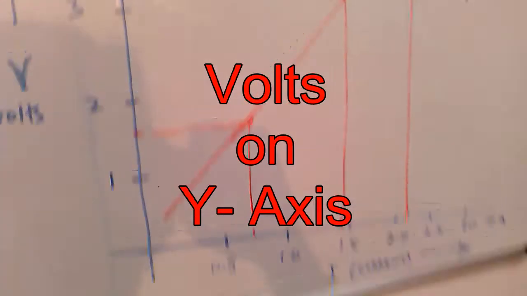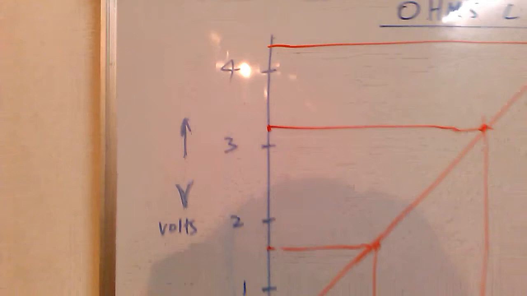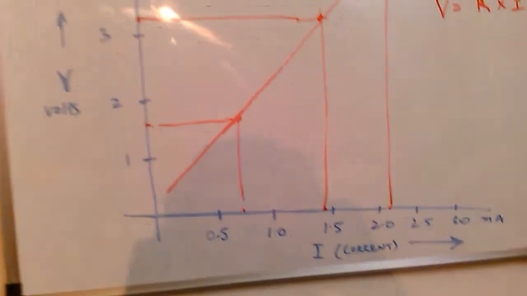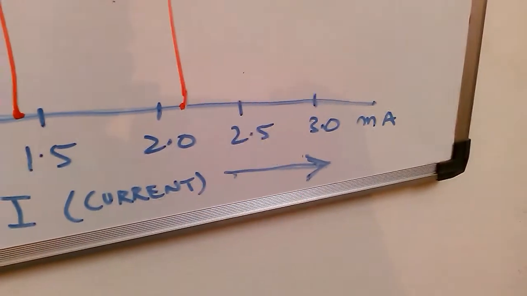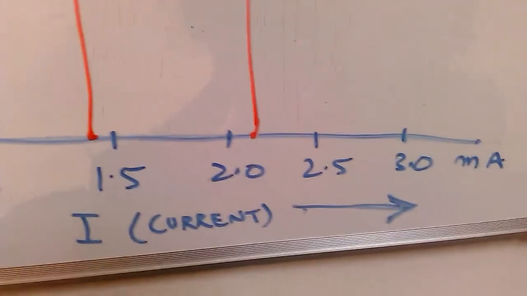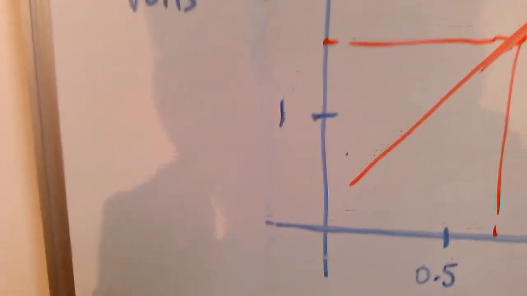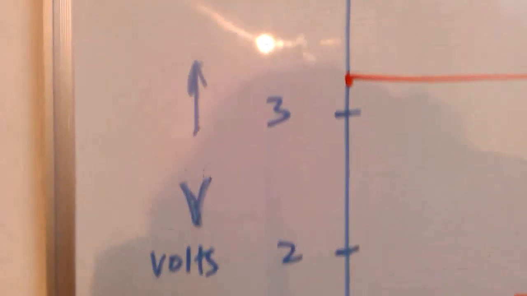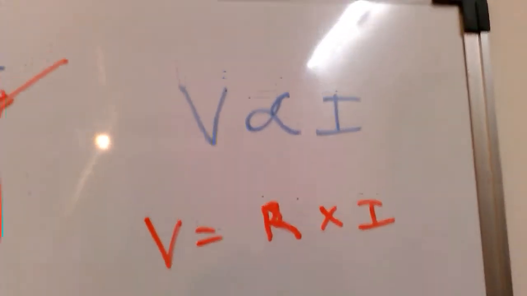I have drawn a graph here measuring volts on the y-axis, and the current on the x-axis, which I divided into 0.5, 1, 1.5, 2, 2.5, and 3 milliamps, and the y-axis I divided 1, 2, 3, and 4 volts basically. And now we want to prove that the voltage is proportional to current.